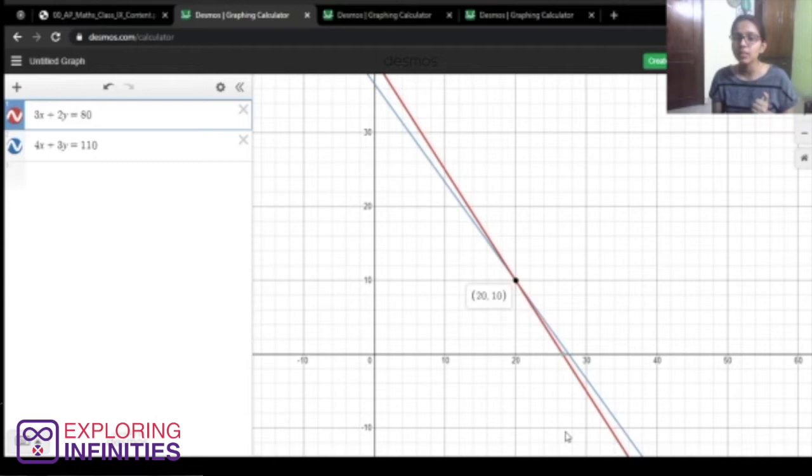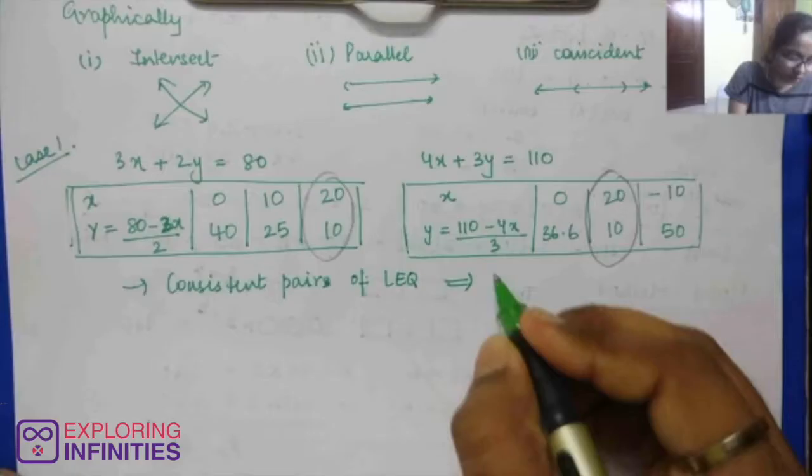Okay, so what we say is these are a consistent pair of linear equations. Whenever you have this one point of intersection for both your lines, you say that they are a consistent pair of linear equations, and this always gives you a unique solution.